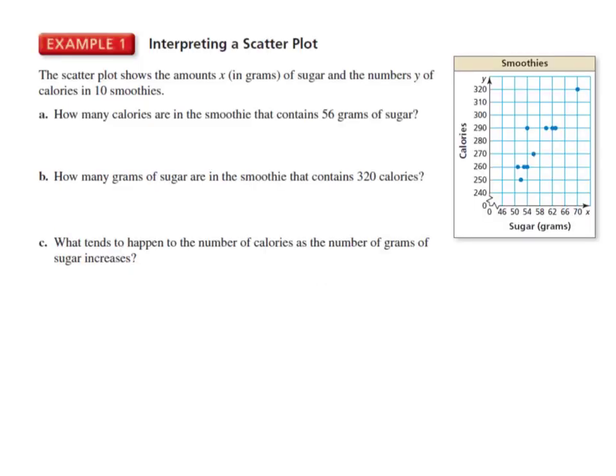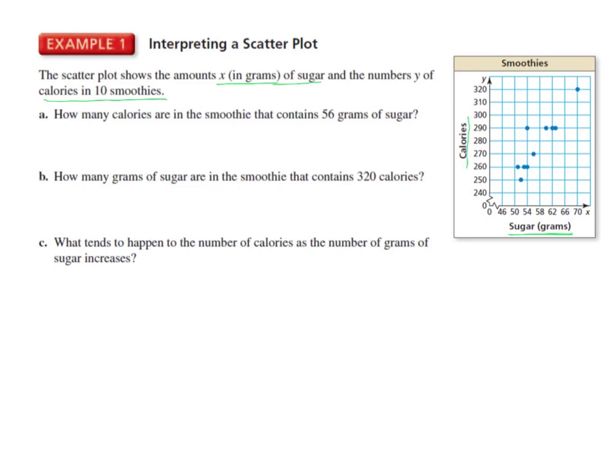So our first example is on interpreting scatter plots. It says the scatter plot shows the amounts X in grams of sugar and the numbers Y of calories in 10 smoothies. So our X is sugar in grams, and it's down here, and Y is calories.